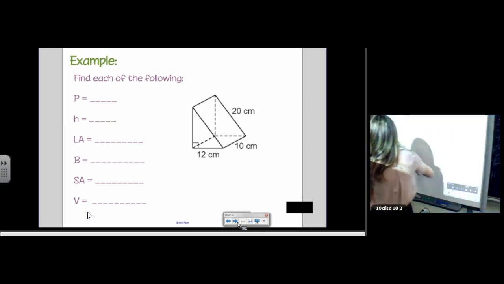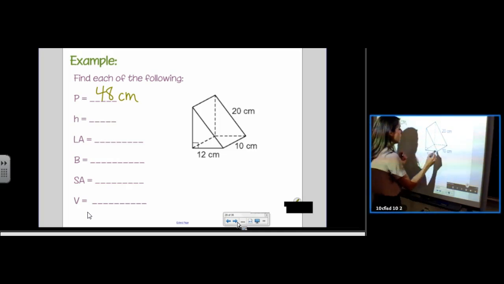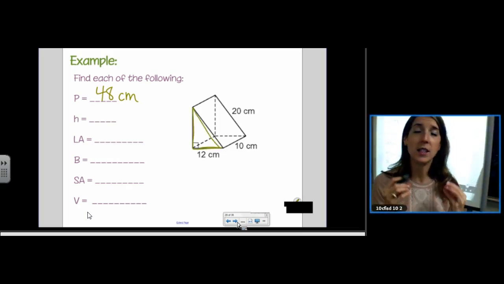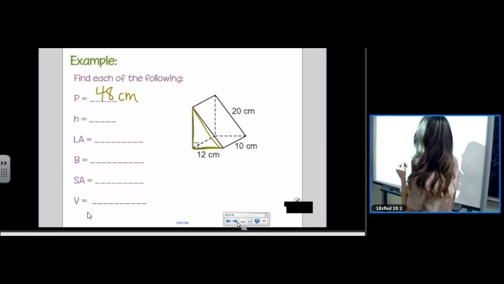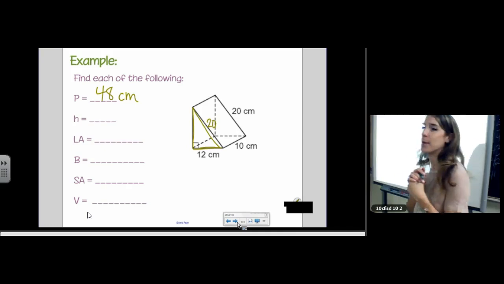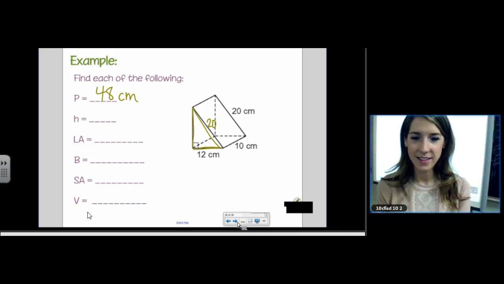Very good. So there was a little bit of a trick ingrained here, right? We know our base is the triangle. In a prism, the base is whatever there's 2 of. And to find the perimeter of the triangle, there's no trick. You just add up the sides. But we were missing a side, so we employed what? We employed Pythagorean theorem.